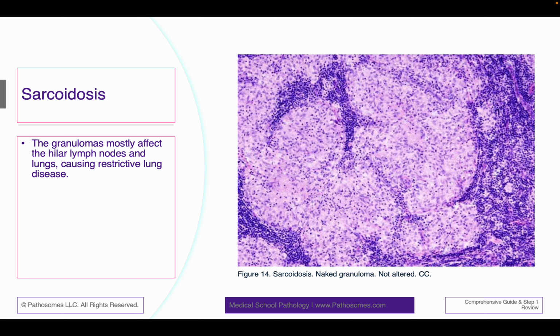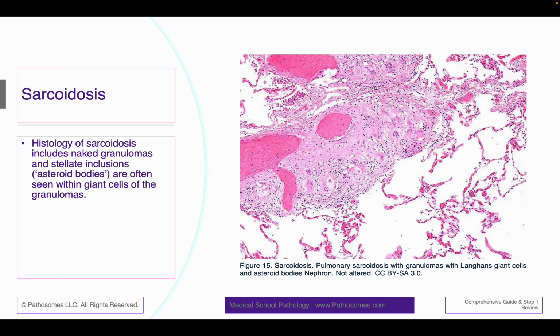The granulomas mostly affect the hilar lymph nodes and lungs, causing a restrictive lung disease. The histology of sarcoidosis includes naked granulomas and stellate inclusions like asteroid bodies. These are often seen within the giant cells of the granulomas.